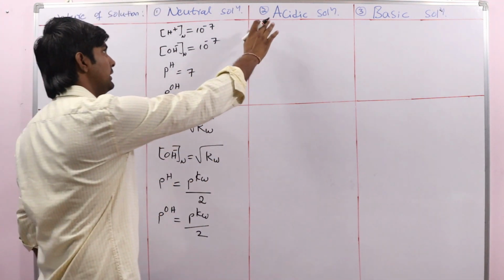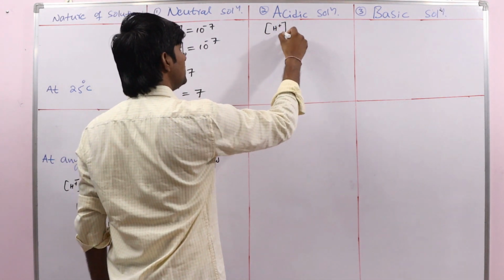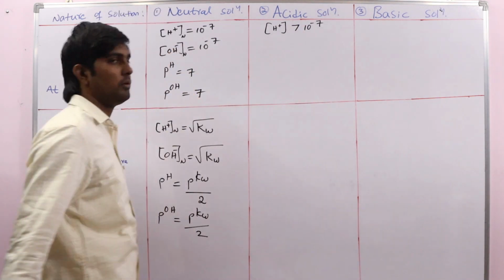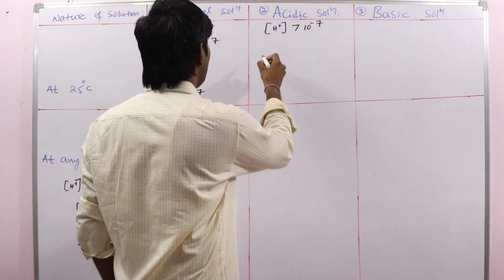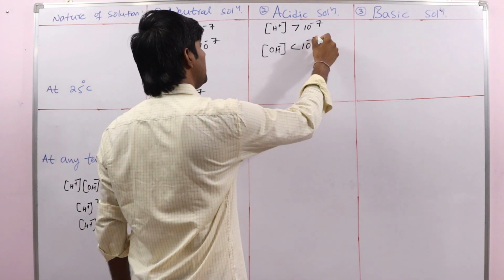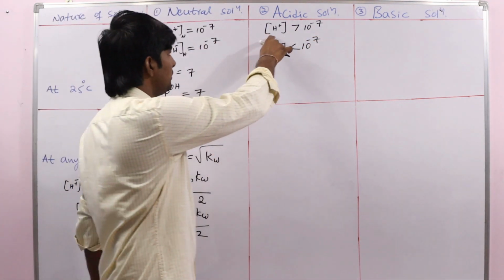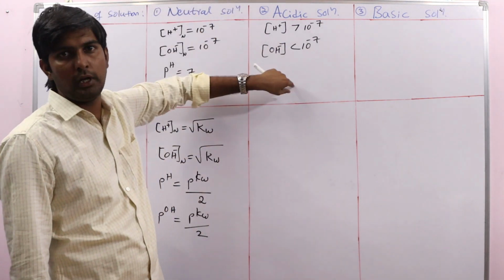Next, in the acidic solution, H plus ion concentration is greater than 10 power minus 7 at 25 degrees centigrade. Yes or no? H plus ion concentration is more and OH minus ion concentration is less than 10 power minus 7. What is the reason? In acidic solution, H plus ion concentration is more and OH minus concentration is less.